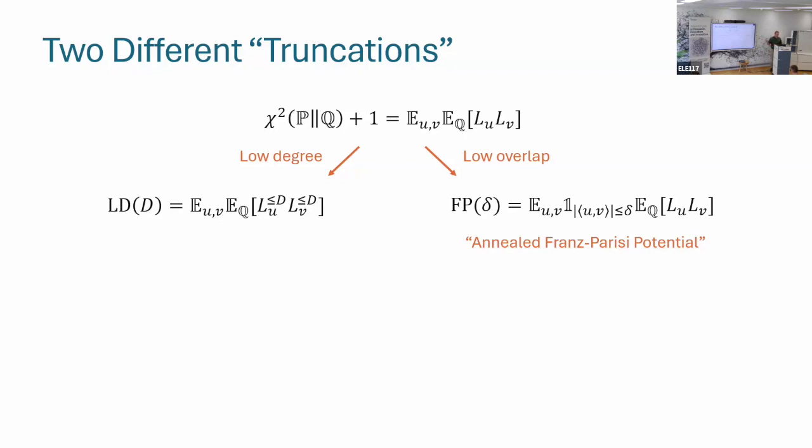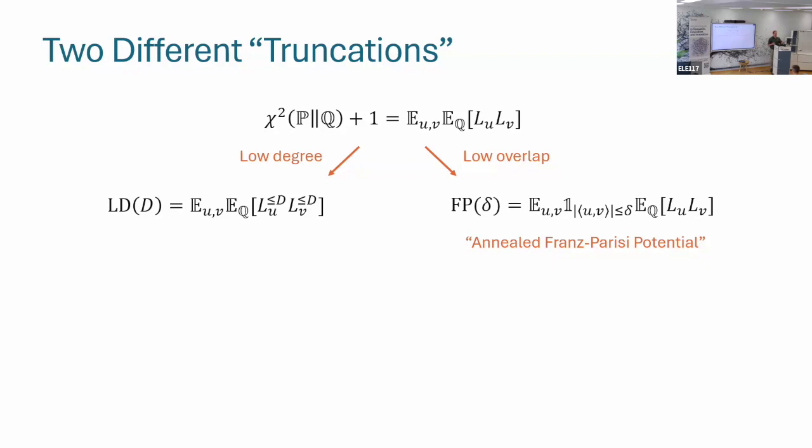But what we're doing here is restricting to low overlaps, as it says, right? So we take the chi-squared divergence, but we only consider the contribution from UV pairs that have a small inner product. This means the typical UV pairs, right?